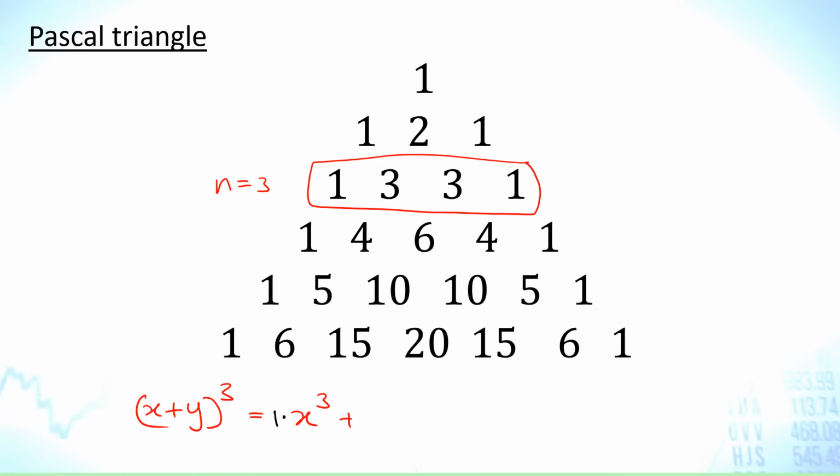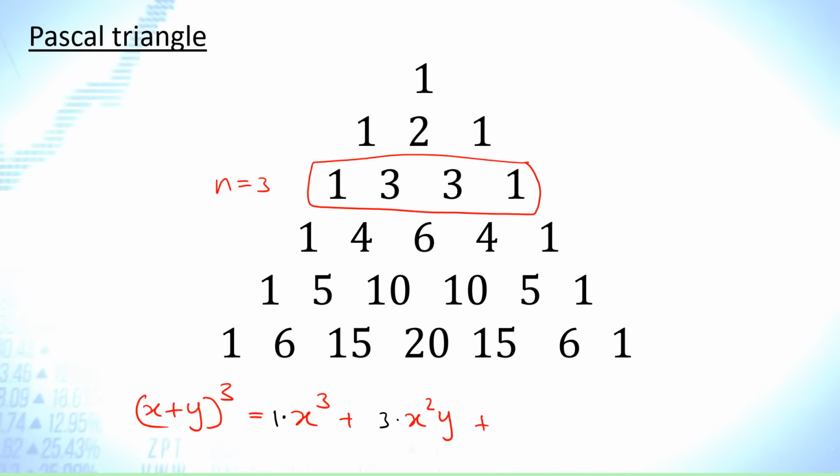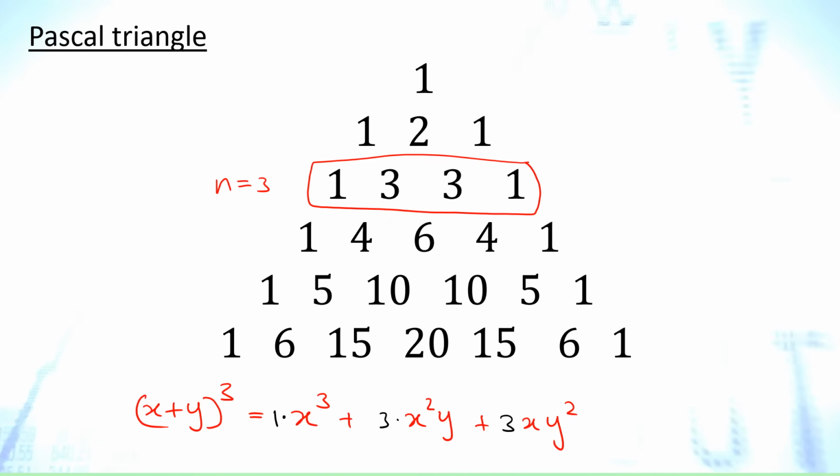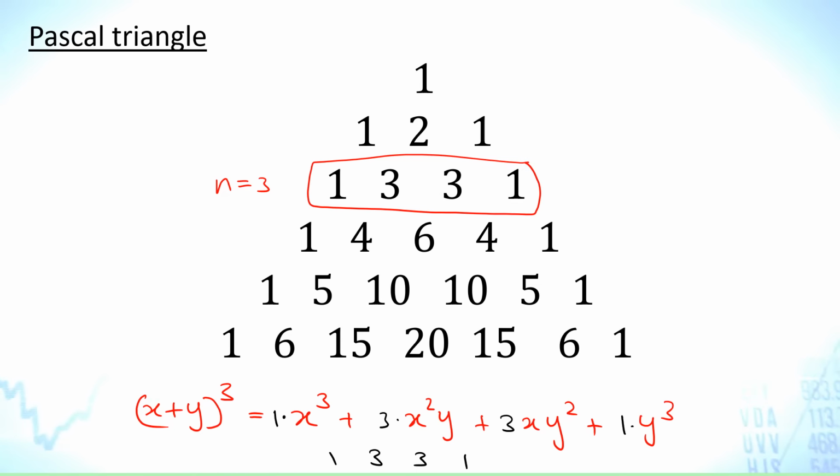So x powers go down, y powers increase. Then the next one, again it says 3, so 3 x y squared, and finally plus 1 times y cubed. So the coefficients are 1, 3, 3, 1, and those coefficients come from the third line of the Pascal triangle.